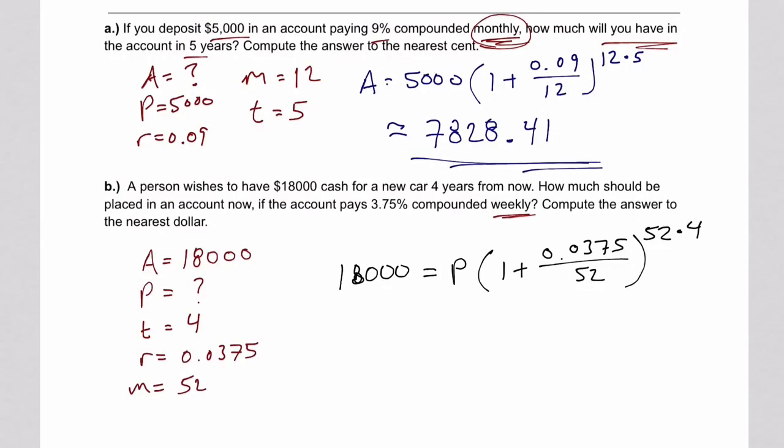So notice that the thing we're looking for, the variable P, is multiplied by this whole big thing. So this is really just a number.